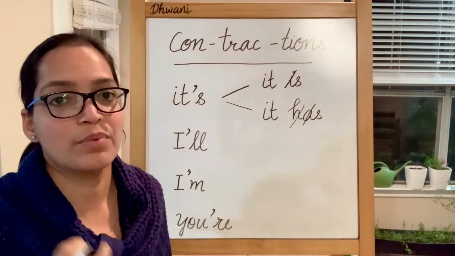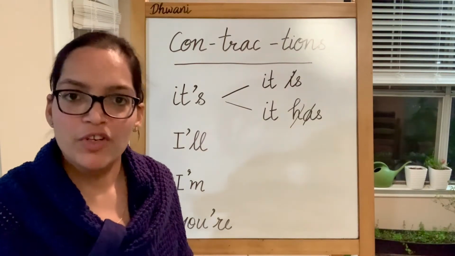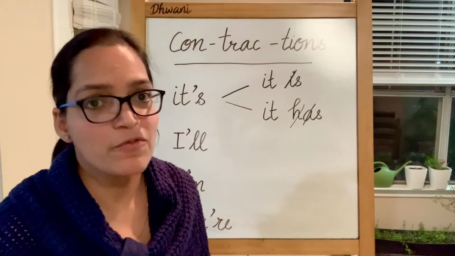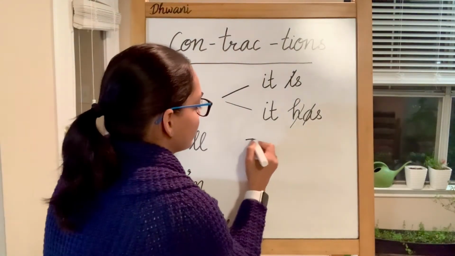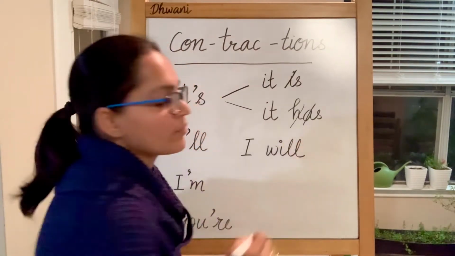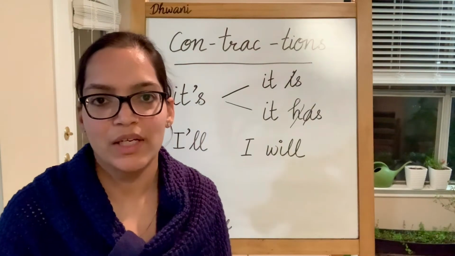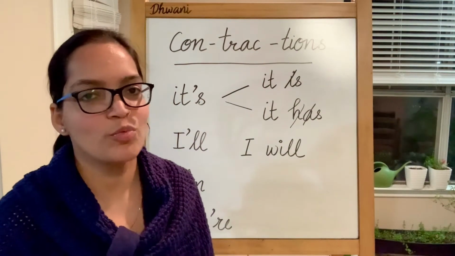This is pronounced as I'll, which is used for I will. So when I say I will see you tomorrow, I can also say it as I'll see you tomorrow.